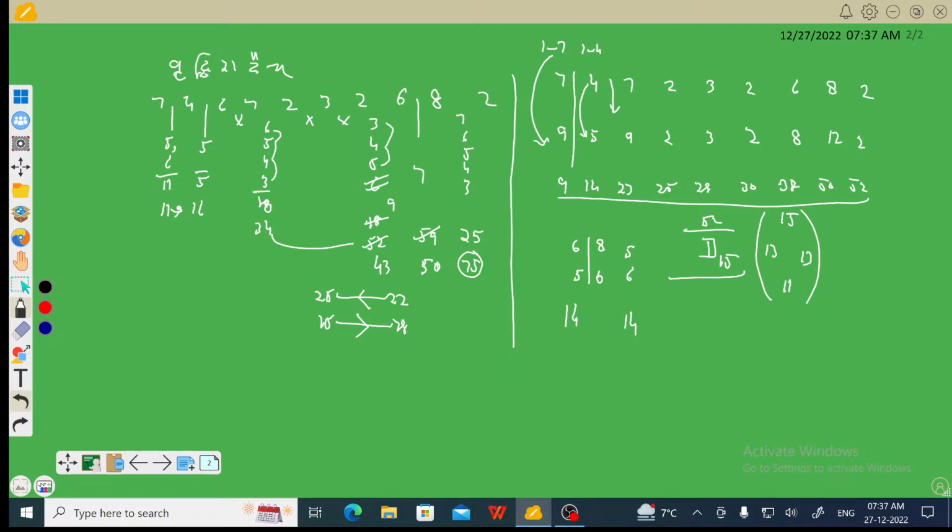Then we know these numbers 7, 4, 6, 7, 2, 3, 2, 6, 8 and 2 give us a summation value 47. Then we can reach the gaps 5 and 6, 5.